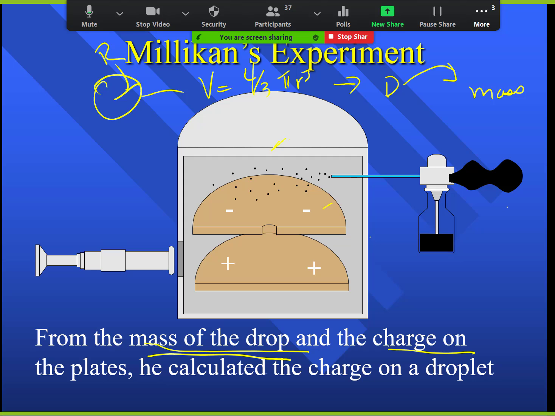Not on an electron. He didn't calculate the charge on an electron. He calculated the charge on the droplet. Okay. So what good did the charge on the droplet do him?